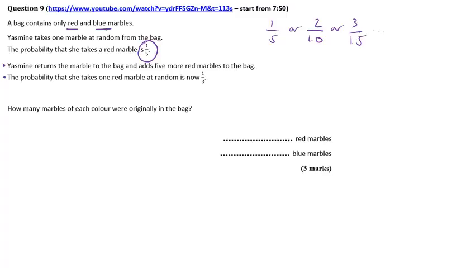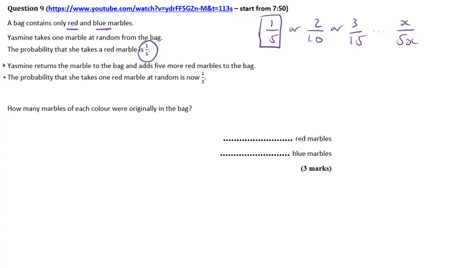But a useful way to write this here is if we do x over 5x, and looking back we can see where that came from, this is going to help us solve the problem. So at the start, the probability of choosing red was x over 5x. Okay, that's equivalent to 1/5.